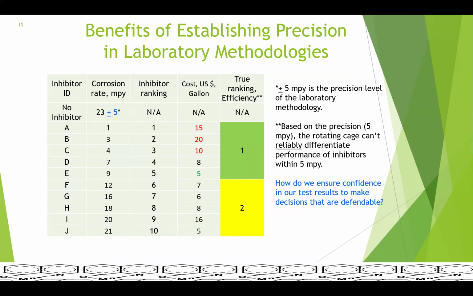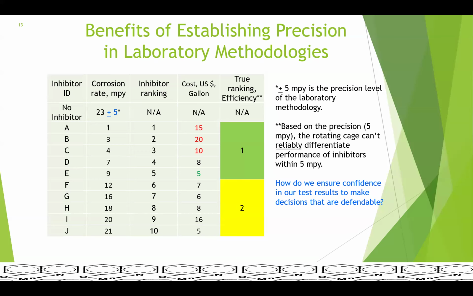This is one approach. Let us also put the cost estimate into the picture. This is a cost estimate per gallon of inhibitor. Now, if we also input the precision of 5 mpy, that means inhibitor A to inhibitor E are within the precision of the rotating cage laboratory methodology.